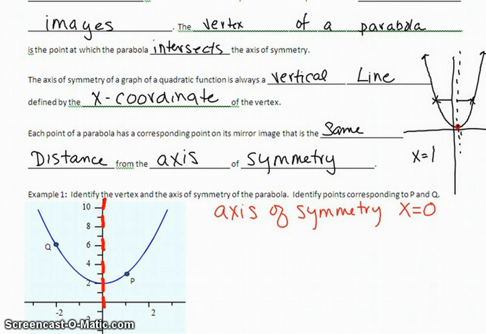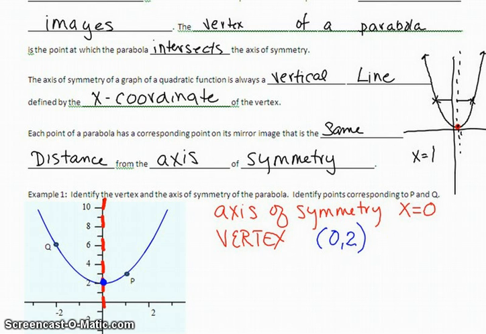Now the vertex is where my axis of symmetry and the parabola meet. I'm going to change pen colors again, and that seems to be right here. So that vertex is going to be the coordinates of that point, which are 0, 2.